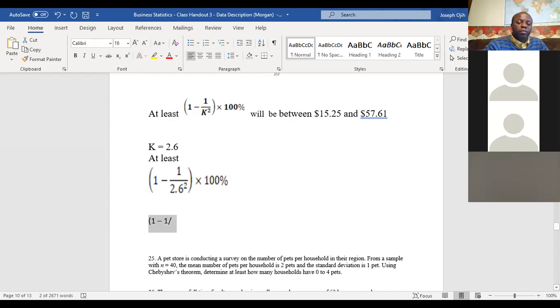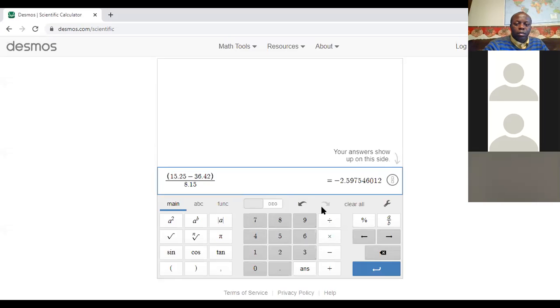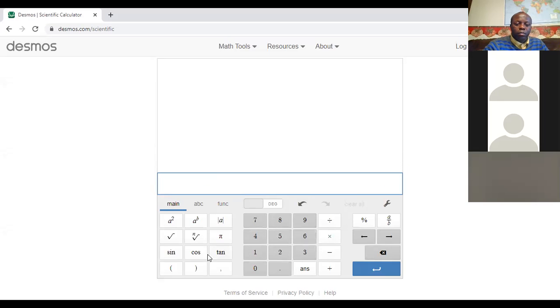Now 2.6 squared in decimals is 6.76. I'll take it back.